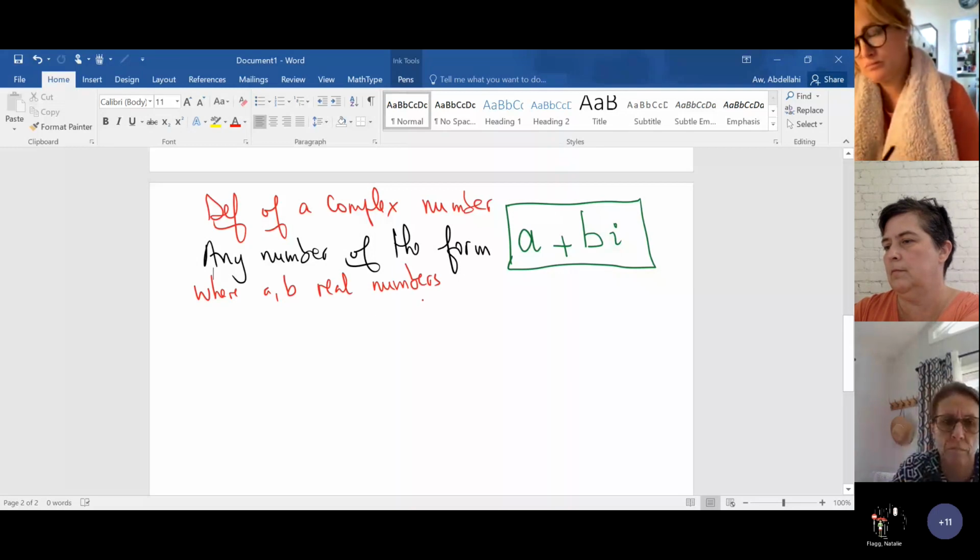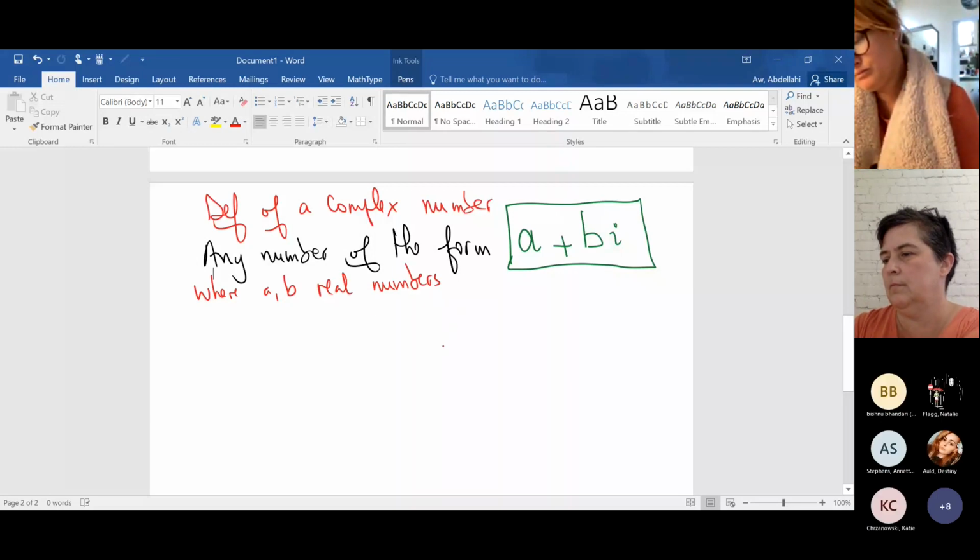Remark, I haven't put any restrictions on a, b. I haven't said they must be positive. I haven't said they must be negative. I haven't said they must be different from 0. None of that. a, b are just real numbers, okay? That is a complex number.